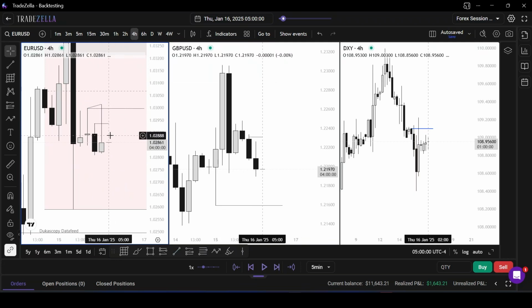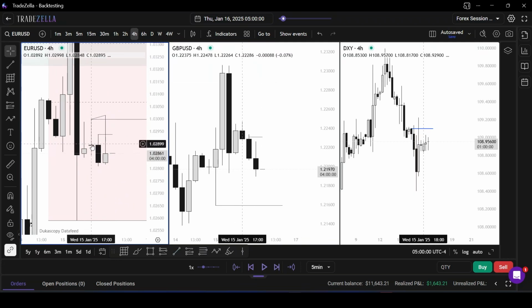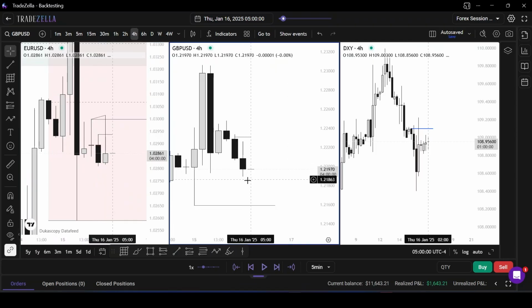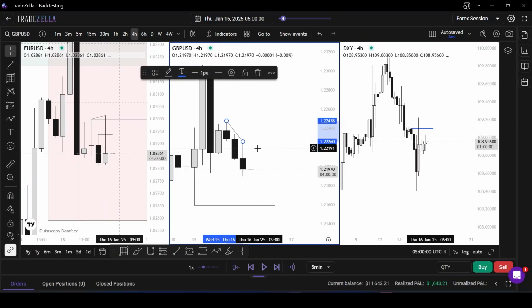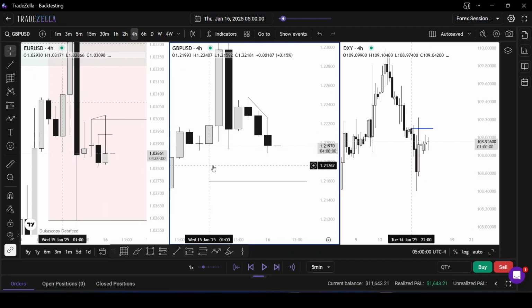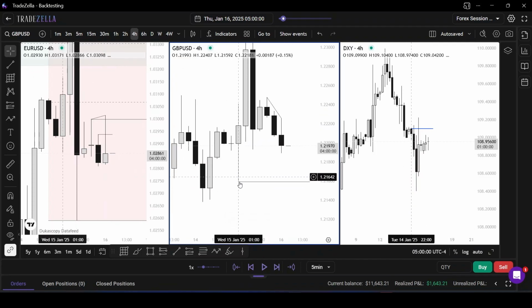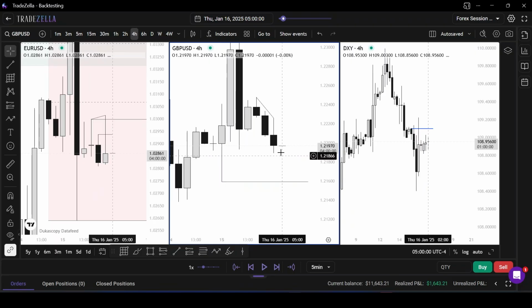You can see that Euro USD traded into this high while GBP USD failed to trade into that high. So we have an SMT here. You can see that, right? And this is our drawn liquidity, which is the daily fair value gap.